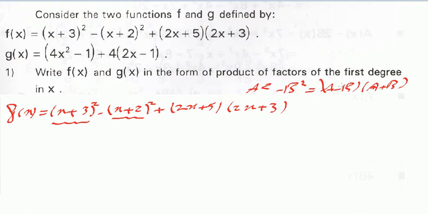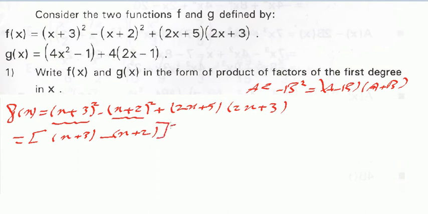And here a is what? A is x plus 3, the whole x plus 3 is a. Okay, and b is x plus 2. So f of x now, I'm gonna write it, is equal to these two, the difference of two squares. So a square minus b square, a minus b, this means x plus 3, this is a, minus b, which is x plus 2.